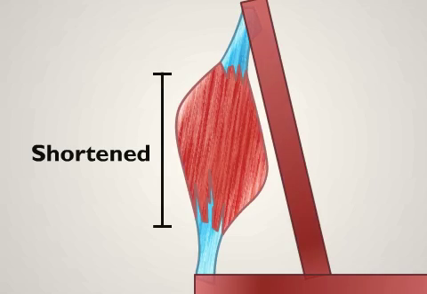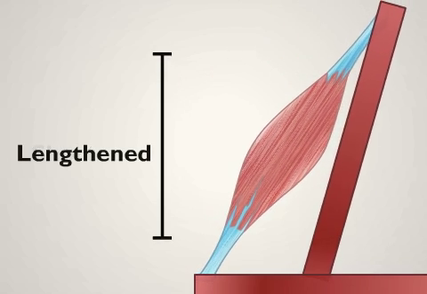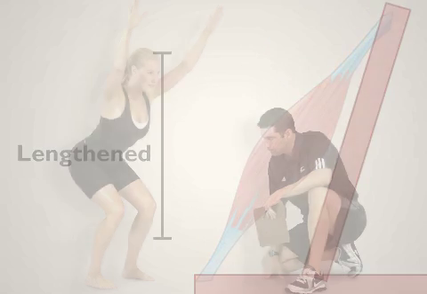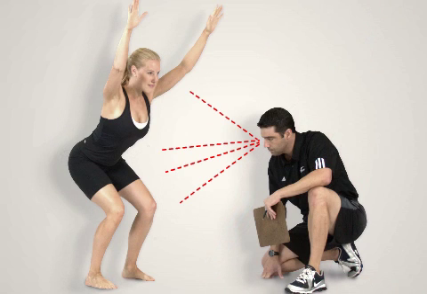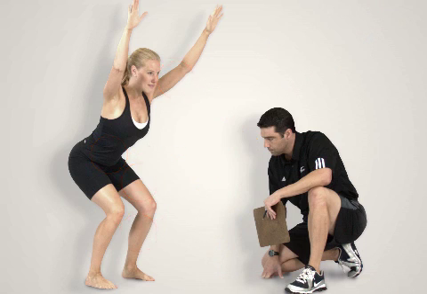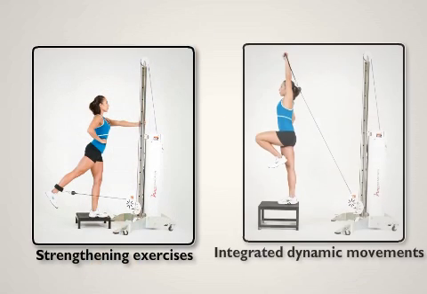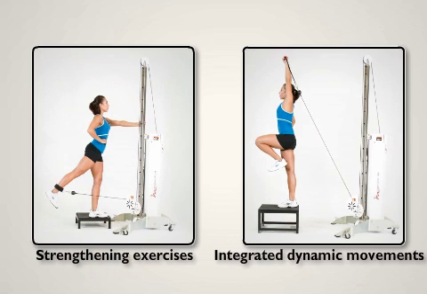Furthermore, because lengthening techniques are used specifically to increase the length of tissue, they are only necessary for use on neuromyofascial structures that have been identified through an integrated assessment process as being in a shortened state. Strengthening exercises and integrated dynamic movements will then be utilized to address lengthened tissues and improve overall neuromuscular efficiency, potentially enhancing force output and performance enhancement.